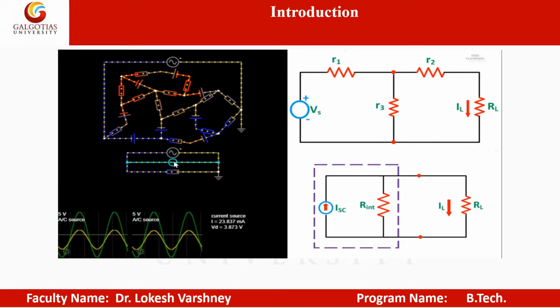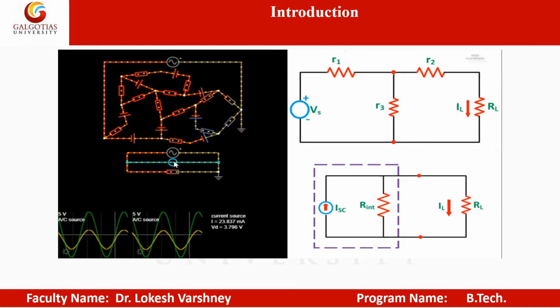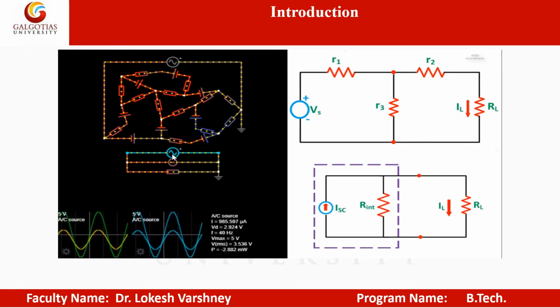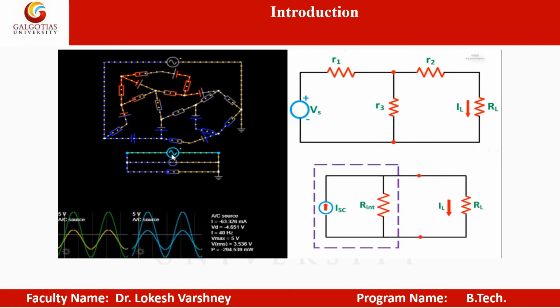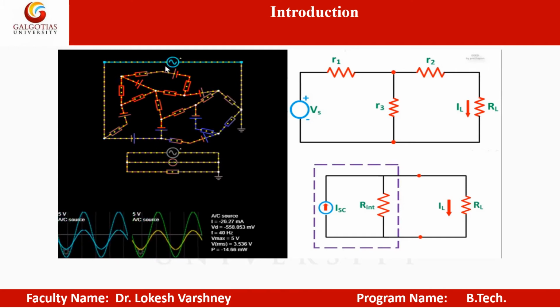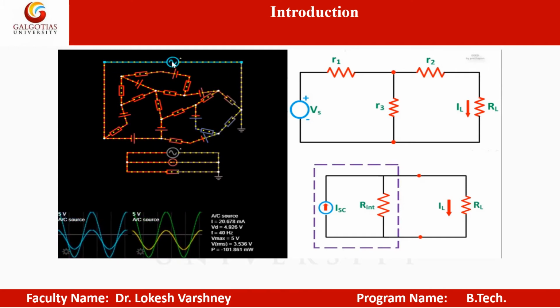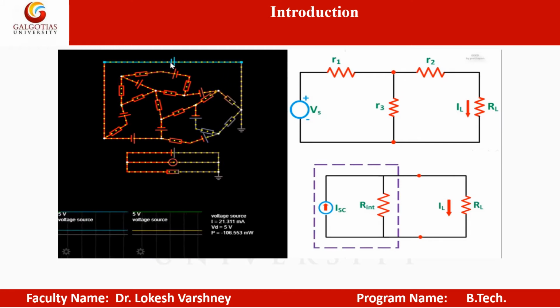This demonstrates Norton's theorem, which states that any combination of voltage sources, current sources, and resistors can be reduced to a single current source and a single resistor. So the scary-looking circuit on top can be reduced to the equivalent circuit on the bottom. Norton's theorem states that a linear active network consisting of independent or dependent voltage sources and current sources and various circuit elements can be substituted by an equivalent circuit consisting of a current source in parallel with a resistance.